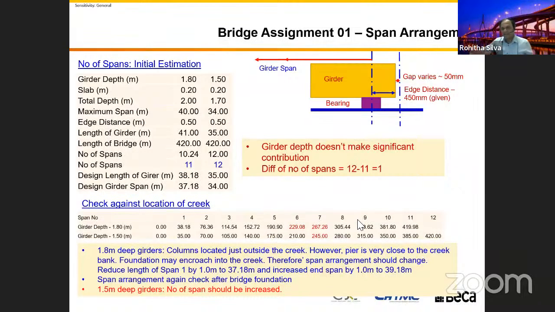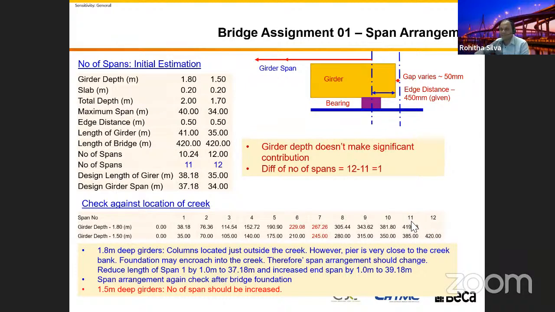Then I'm not worried about anything in this valley. I just calculate my span arrangement, right? At abutment A, my station is 0. It's just arithmetic. You add 38.1, this is station 1. Another 38.1 is station 2, 3, 4, 5, 6, 7, 8, 9, 10, 11. 419.98, that is 420, right?